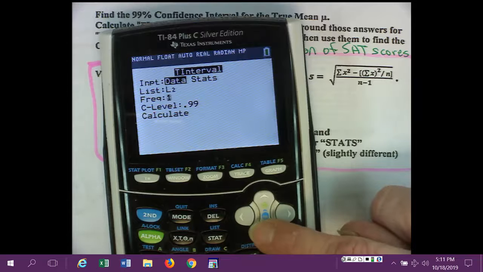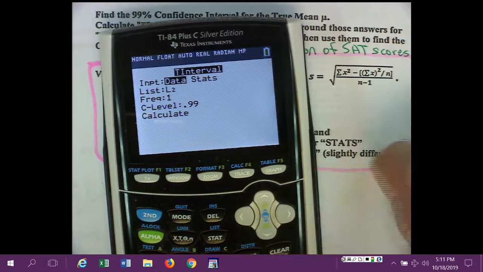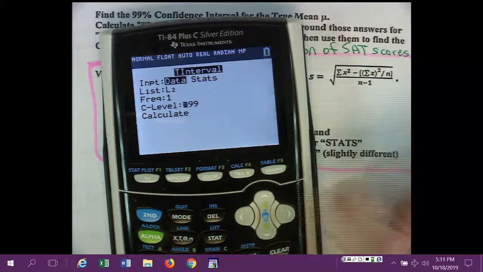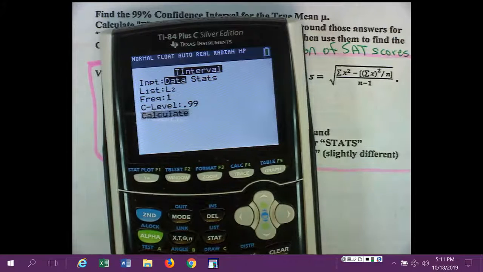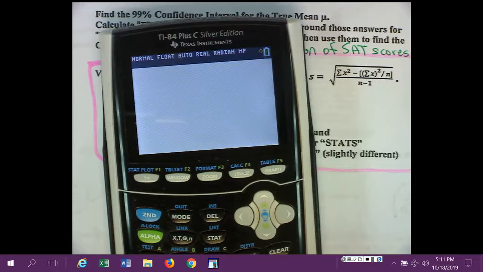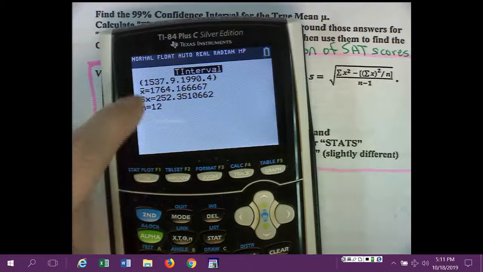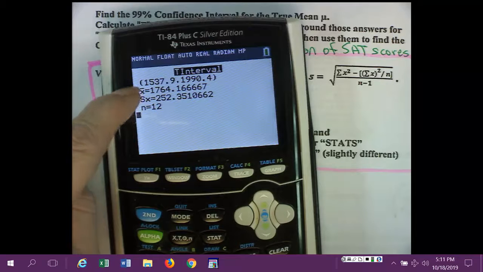Don't delete it. Don't clear it. Scroll down to 0.99. Leave it 99% because that was our degree of confidence. And then press enter on calculate. If you notice, you get 1537.9 for the lower, which agrees with what we did by hand, and it agrees with what the calculator just did when we treated it as a statistical problem with a rounded sample mean and a rounded standard deviation.